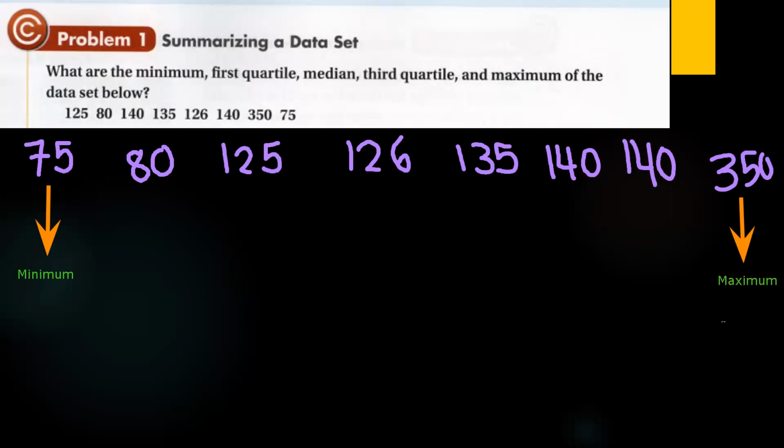Then I need to find where the median is. As you know before, first let's count the data: 1, 2, 3, 4, 5, 6, 7, and 8. And now where is the median? Remember that? It is 126 plus 135 divided by 2.